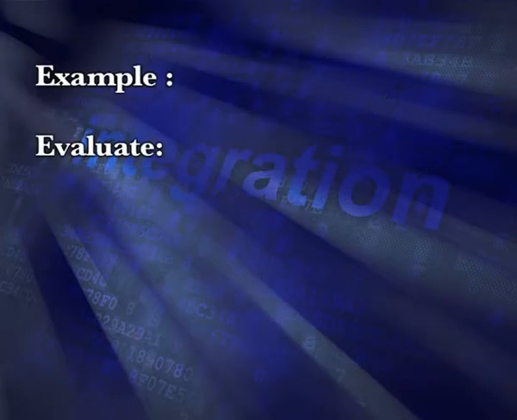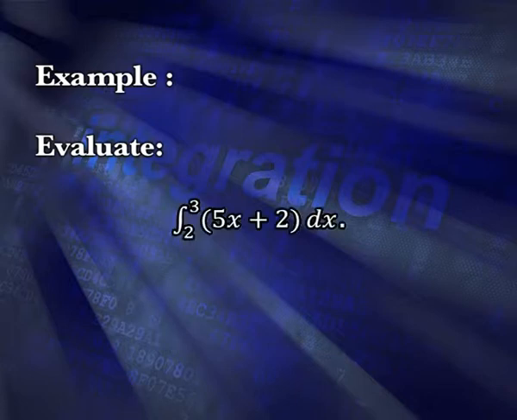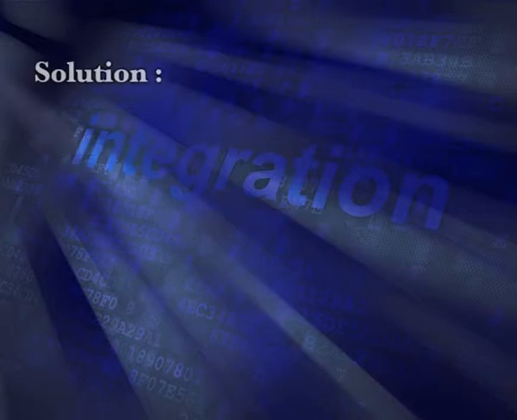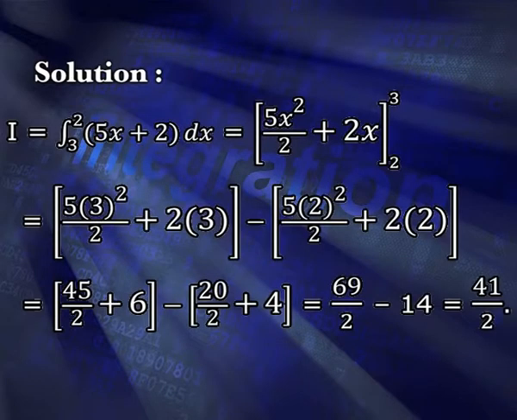We'll see one example. Evaluate the integration from 2 to 3 of (5x + 2) dx. So we'll see the solution. Let I equal the integration from 2 to 3 of (5x + 2) dx. So that is equal to 5x²/2 + 2x, going from 2 to 3.